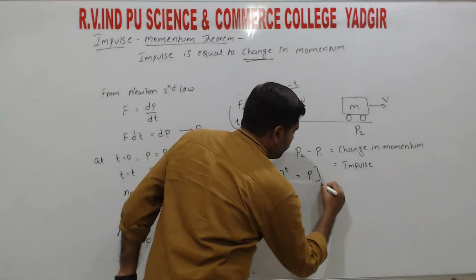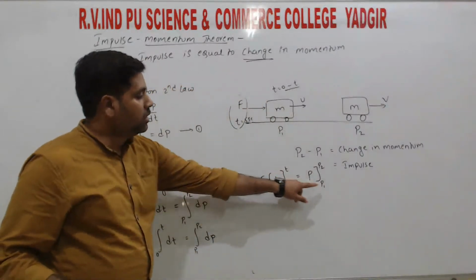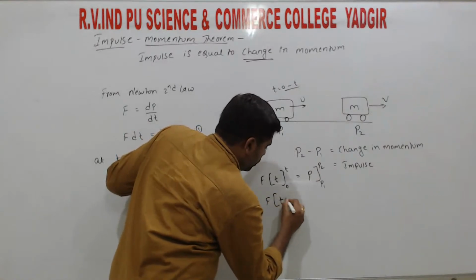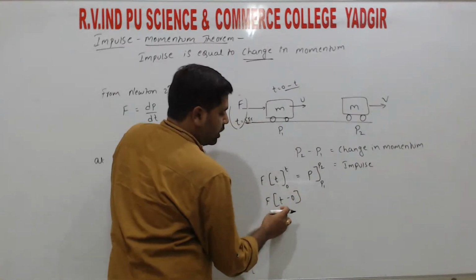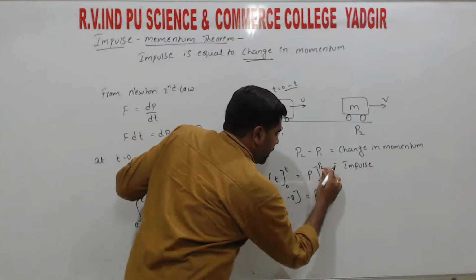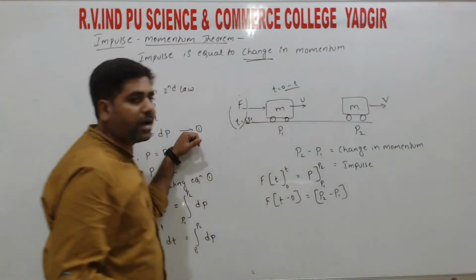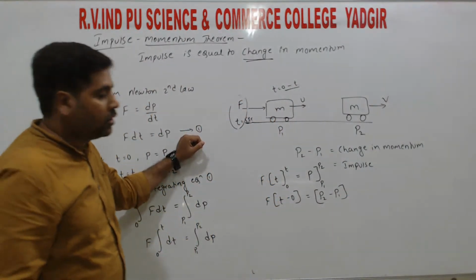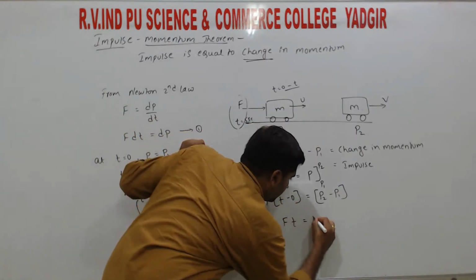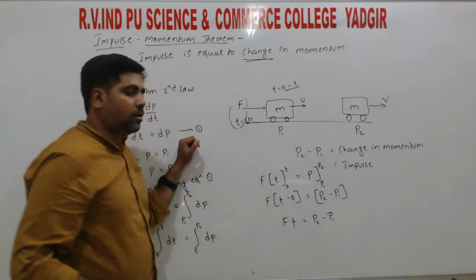So limits P1 to P2, right? Now F into t minus 0, upper limit minus lower limit, that is equals to P2 minus P1, upper limit minus lower limit, right? So t minus 0 is t, F into t equals P2 minus P1, right?